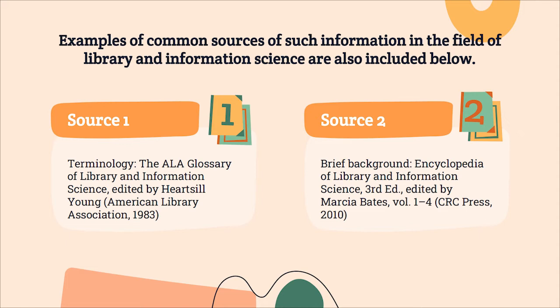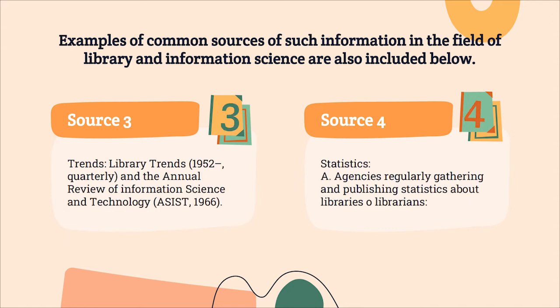Brief background: Encyclopedia of Library and Information Science, 3rd ed., edited by Marcia Bates, Volumes 1-4, CRC Press, 2010, also available online with the purchase of the print version, Encyclopedia of Library and Information Science, Volumes 1-73. 3. Trends: Library Trends, 1952, Quarterly, and the Annual Review of Information Science and Technology, ASIST, 1966.